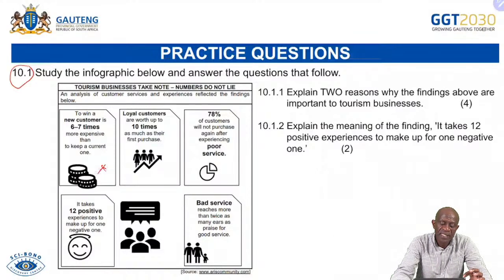So businesses always strive to keep the existing customers instead of looking for new customers, because the cost is too high. The second one on the infographic says, loyal customers are worth up to 10 times as much as their first purchase.